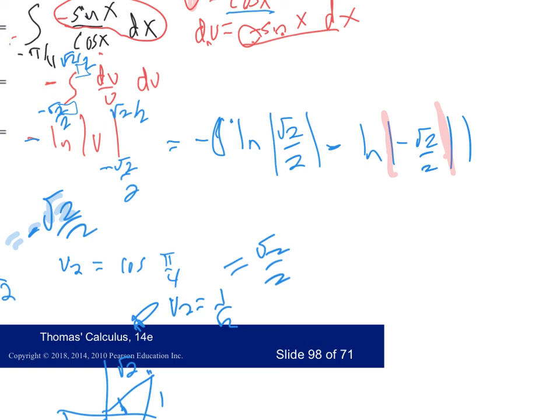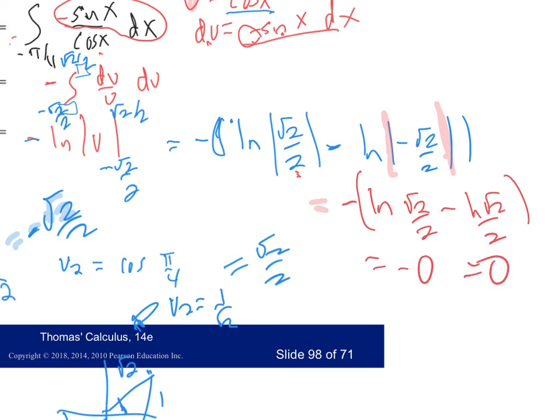So I'm left with equals a negative natural log. That's already positive, so I'm just going to say square root of 2 over 2, minus, that negative's out front, minus the natural log of square root of 2 over 2. That becomes 0.